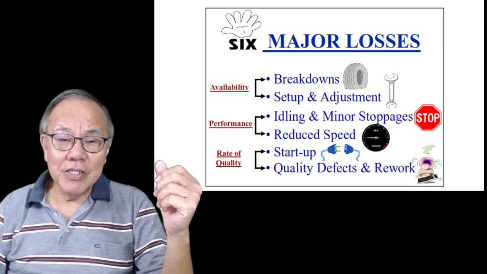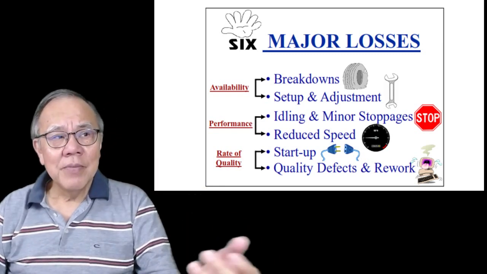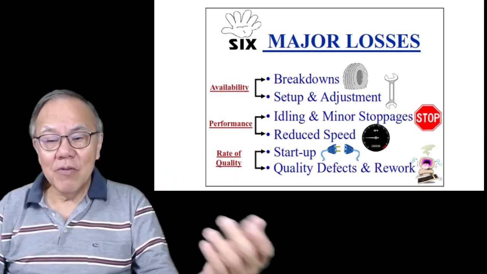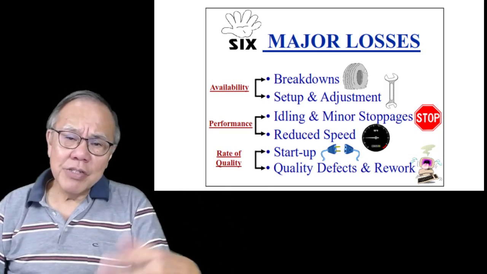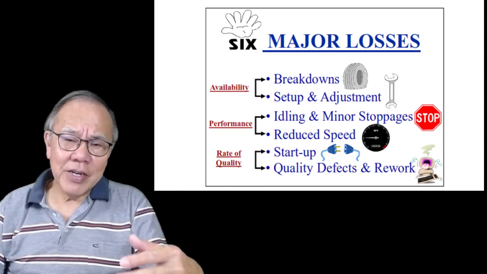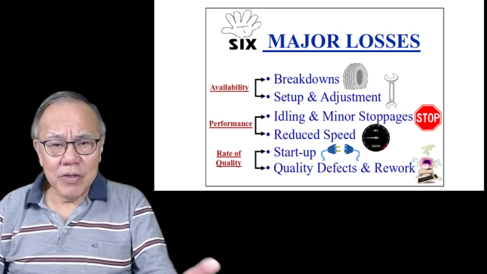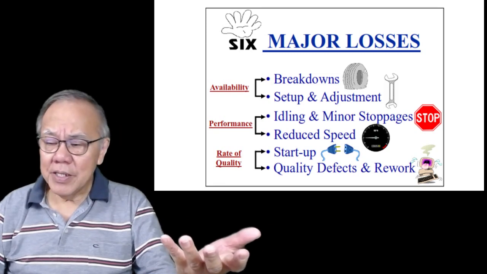So the machine is like redundant. It's running but not giving you output. When it breaks down, when you are doing setup, when you have minor stoppages, when you reduce the speed instead of running at optimum, or when you produce defects and throw them away, it's as good as not producing.